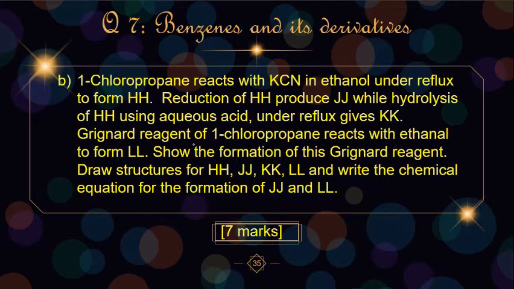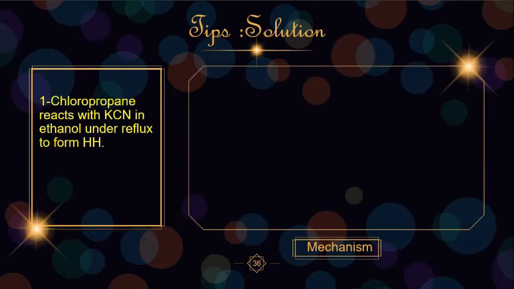The Grignard reagent of 1-chloropropane reacts with ethanol to form LL. Show the formation of the Grignard reagent. Draw the structures of HH, JJ, KK, LL, and write the chemical equations for the formation of JJ and LL. That's a lot, so we focus on them one by one.